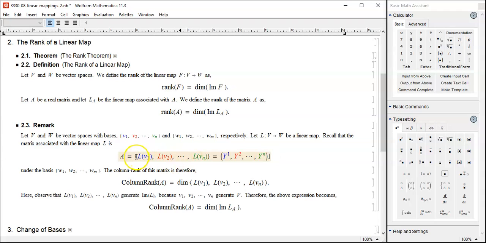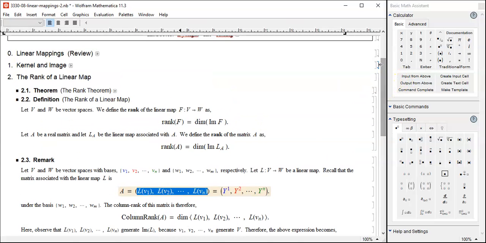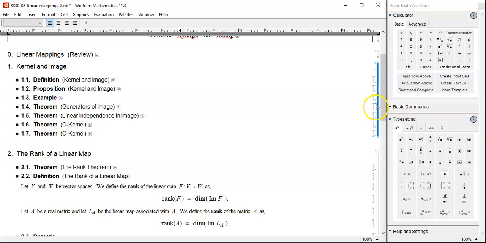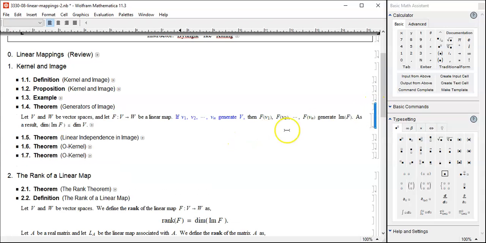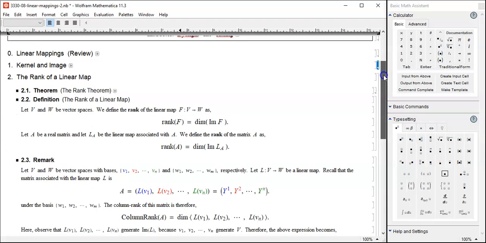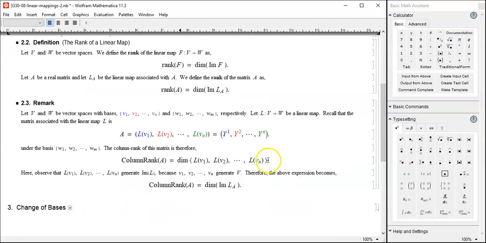Now, L of v1, L of v2, all the way up to L of vn, they generate the image. You see, in theorem 1.4, we saw those. The image vectors of the basis vectors generate the image. Okay? So image space is generated by those L of v1, L of v2, all the way over to L of vn.